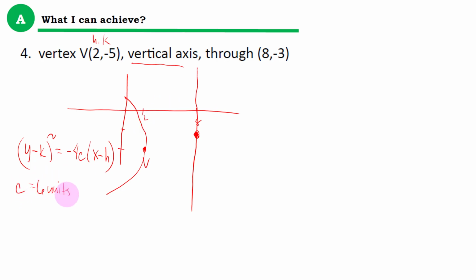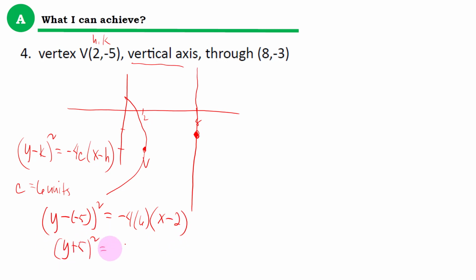Then we substitute: y minus negative 5 quantity squared equals negative 4 times 6 times x minus 2. Simplifying further: y plus 5 quantity squared equals negative 24 times x minus 2. This is our equation.